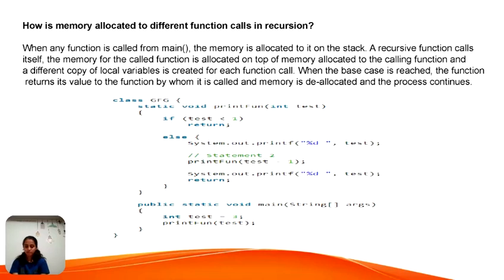In the main function, an integer variable test is declared and assigned a value of 3. Then the printFunction method is called with the test variable as an argument. When you run this code, it will print the numbers in the following pattern: 3, 2, 1, 1, 2, 3. The pattern is achieved by the recursive calls and the order of print statements.